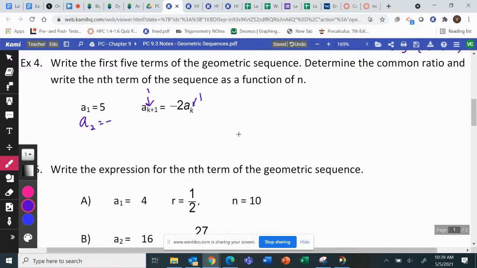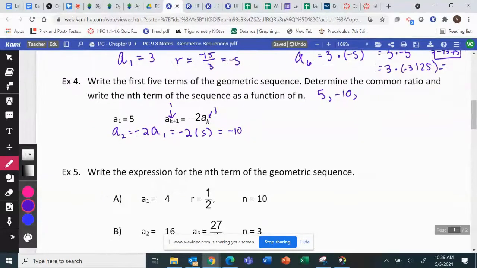So I get negative 2 a sub 1. If a sub 2 equals negative 2 a sub 1, then I do negative 2 multiplied by 5, which is negative 10. So far my sequence is 5, negative 10.